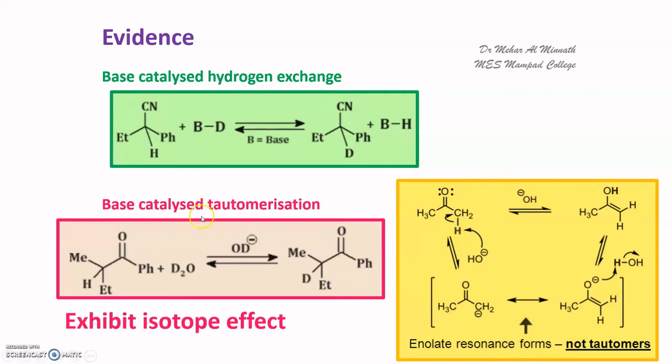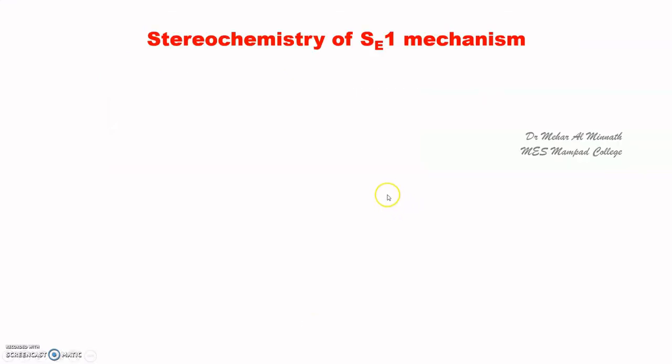This base catalyzed tautomerization exhibits the isotope effect, but the introduction of the isotope is independent of the concentration of the D2O. It is dependent on the concentration of the ketone. Now let us look at the stereochemistry of this mechanism.